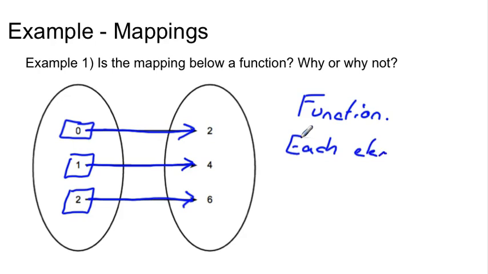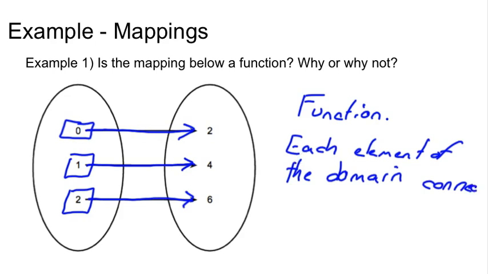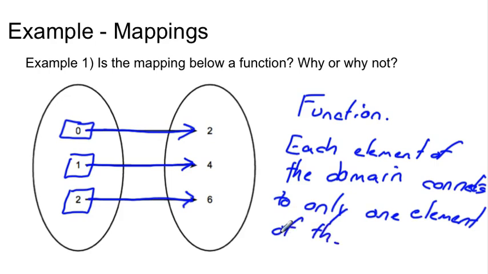Each element of the domain, and pardon my bad writing here, of the domain connects to only one element of the range. And so now what we're going to do is look at other examples of this and see how this definition can get really funky, because it can really fast.